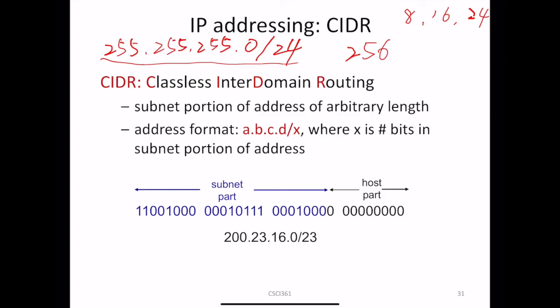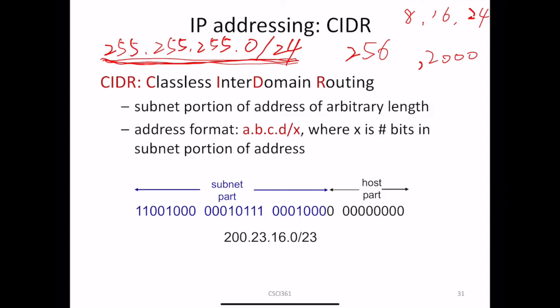However, for most areas, usually at least 2,000 IP addresses will be needed. If that's the case, apparently this kind of domain is not big enough.